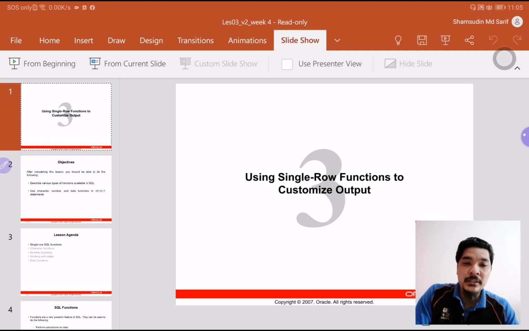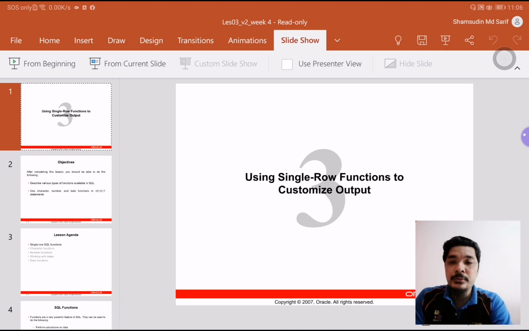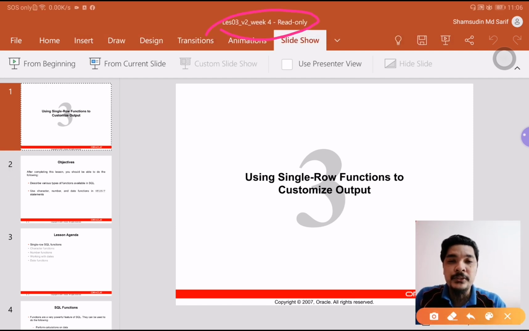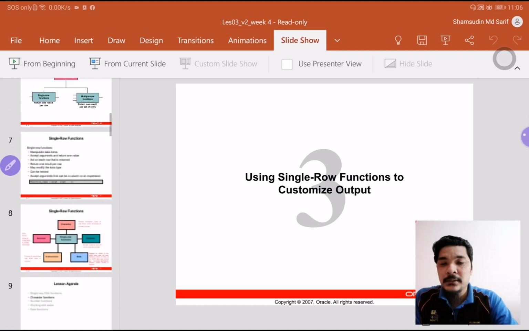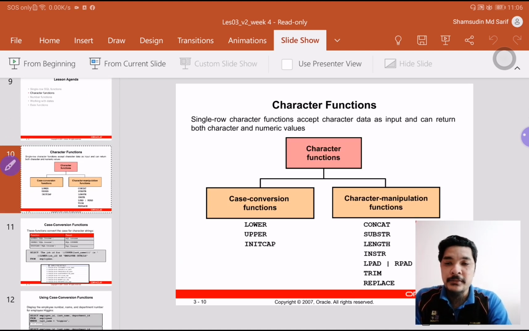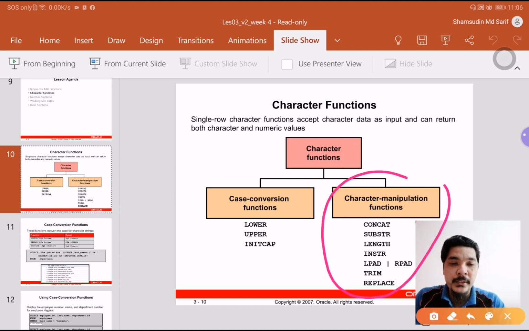Okay, using a single row function to customize output in lesson 02, V2 week 4. So we jump straight into the slides. Character functions here, so we continue with this one.